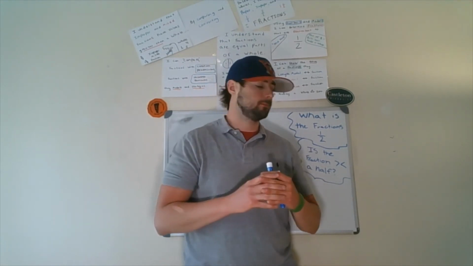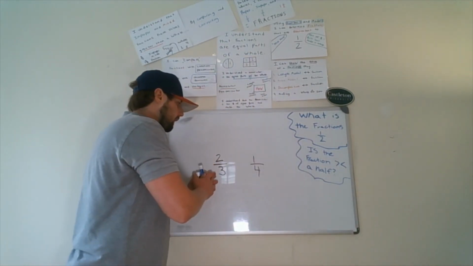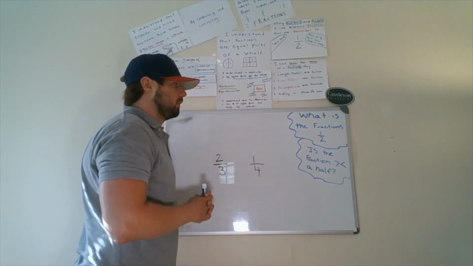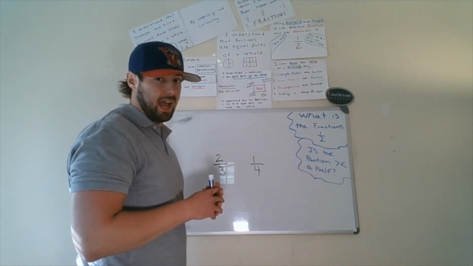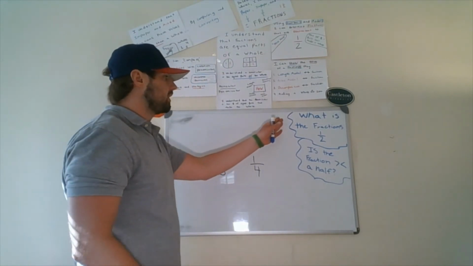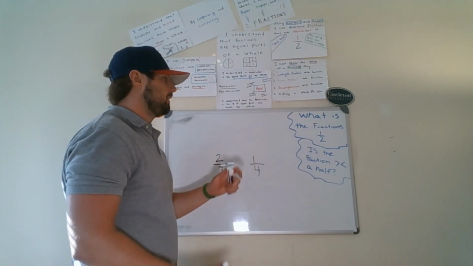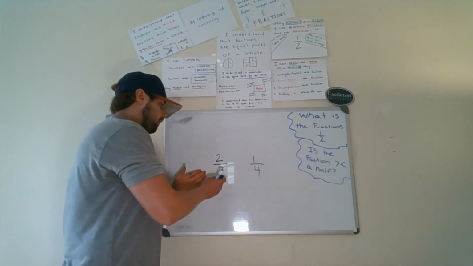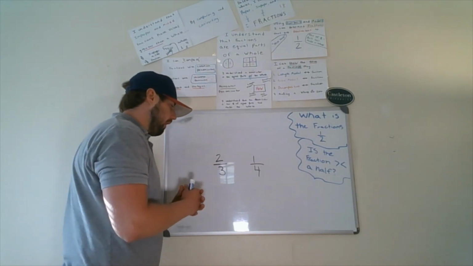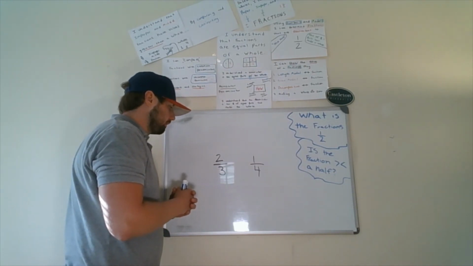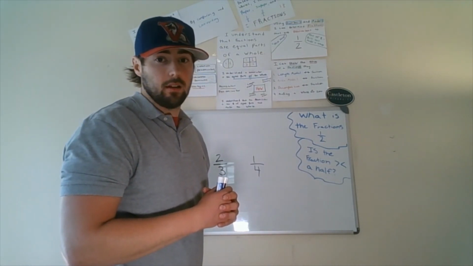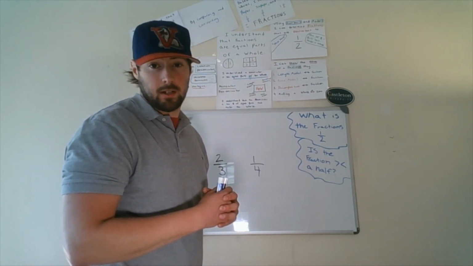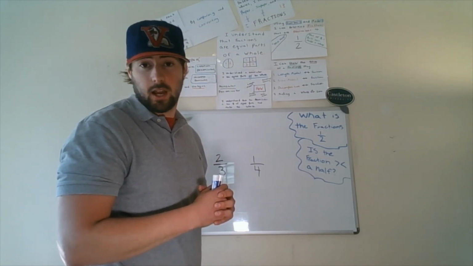Last one, guys. Let's do it. Comparing 2/3 to 1/4 using mental math strategies, thinking about those halves. First thing, I'm asking myself, what is the fraction's half? What is the half of thirds? When we have an odd number in our denominator, what does that mean, guys?